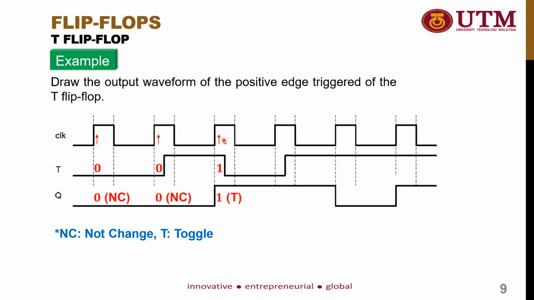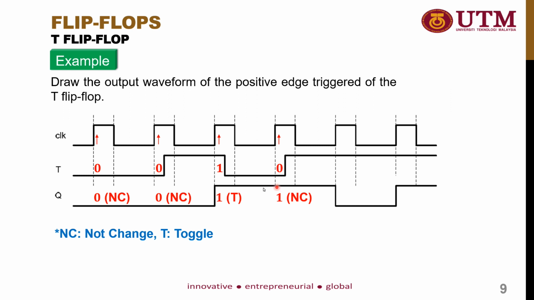When we arrive at the next rising edge, which is here, you see the input T is equal to 1, so the output will toggle. As the previous output is 0, the next output will toggle and become 1. At the next rising edge, the input T is equal to 0.